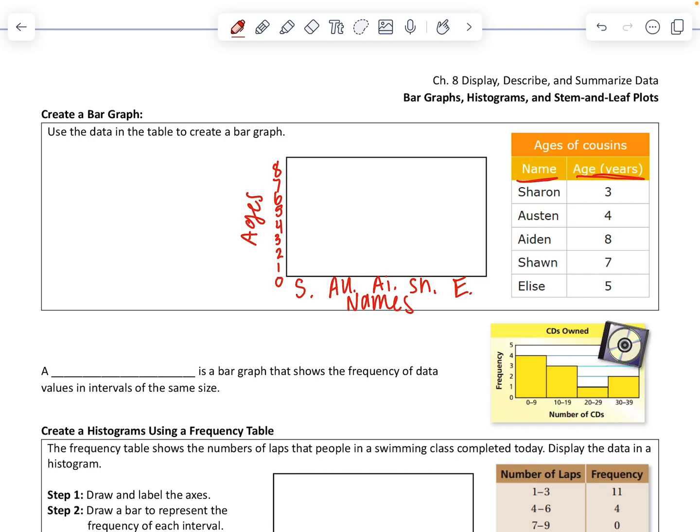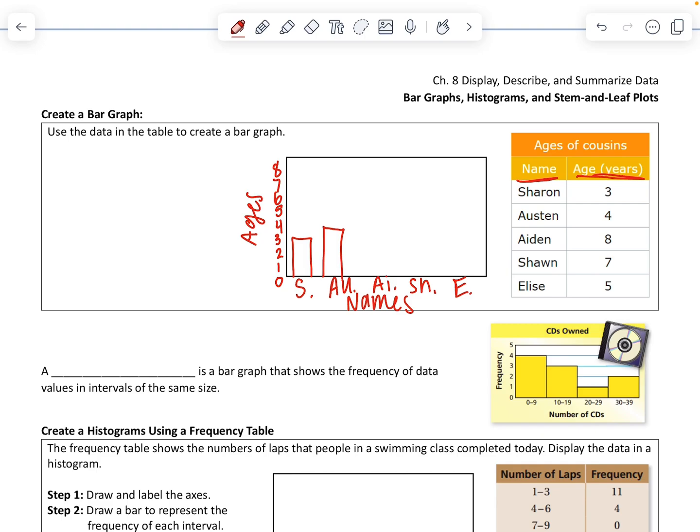Now I just have to create my bars. For Sharon, she's 3 years old, so I'm going to draw a bar where 3 is at, like that. Austin is 4, so his is going to go up a little bit more than that. You want to try and make it as neat as possible so that you can actually read it and know what ages they are.